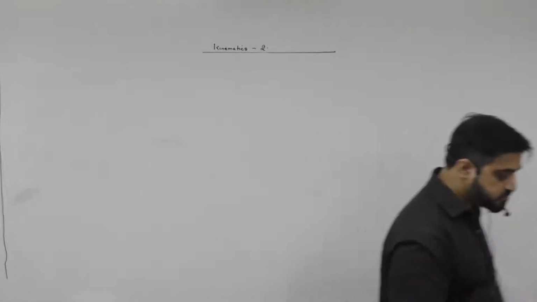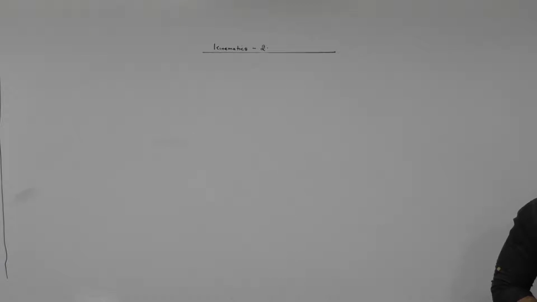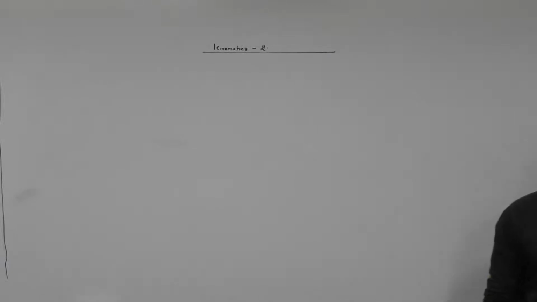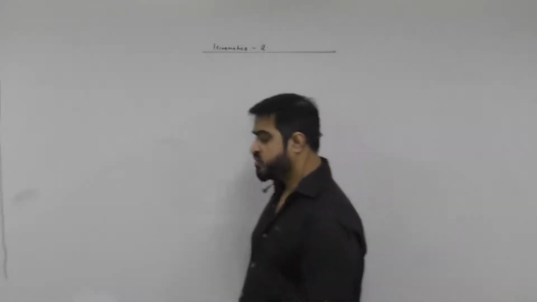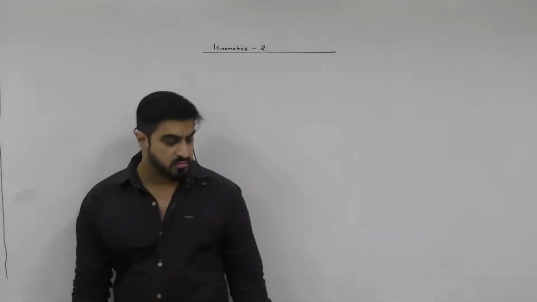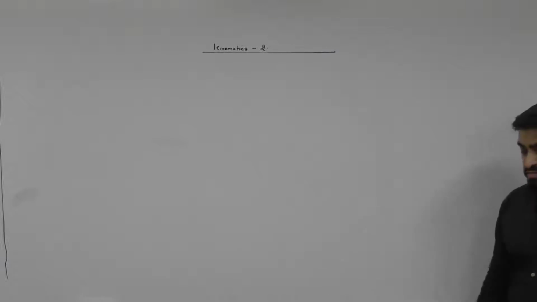Write example 2. A particle is thrown upwards from a tower of height 20 meter with a velocity of 40 meter per second.